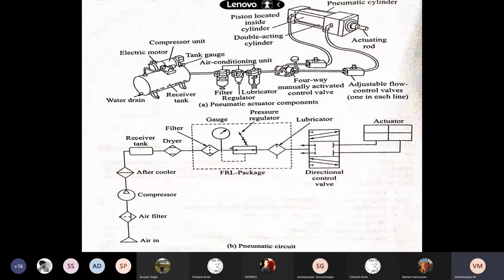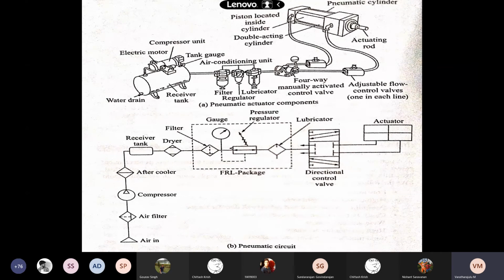Instead of returning fluid to a tank, the air is simply returned to the atmosphere. That is what happens in the case of the pneumatic system. We need to make a note that the pneumatic system is an open system, because it is always processing new air, whereas the hydraulic system is a closed system.